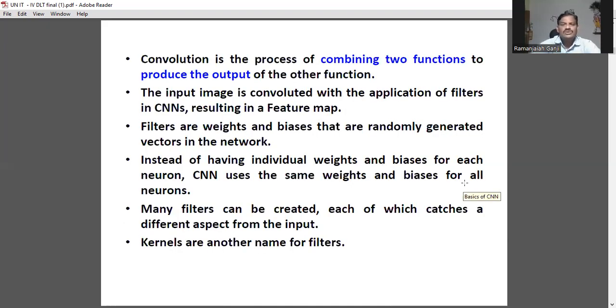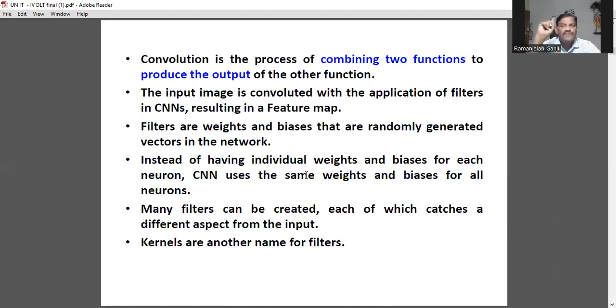What is convolution? It is a process of combining two functions to produce the output of another function. Whenever two functions are combined together to produce the output of another function, it is said to be convolution. The input image is convolved with filters in a CNN, resulting in a feature map.